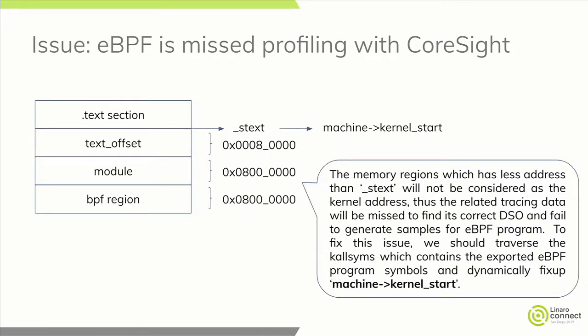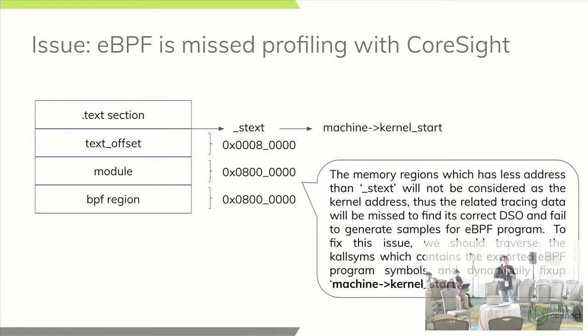On ARM64, we found one known issue. Usually in the kernel's link script, there is a symbol, _stext. We assume that this is the start address of the kernel space. But actually, on ARM64, the kernel has several different memory regions with addresses lower than this symbol.